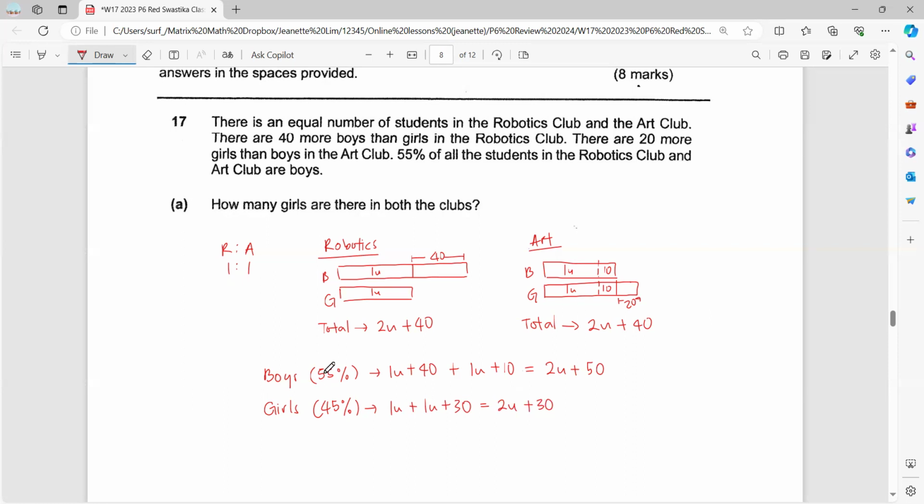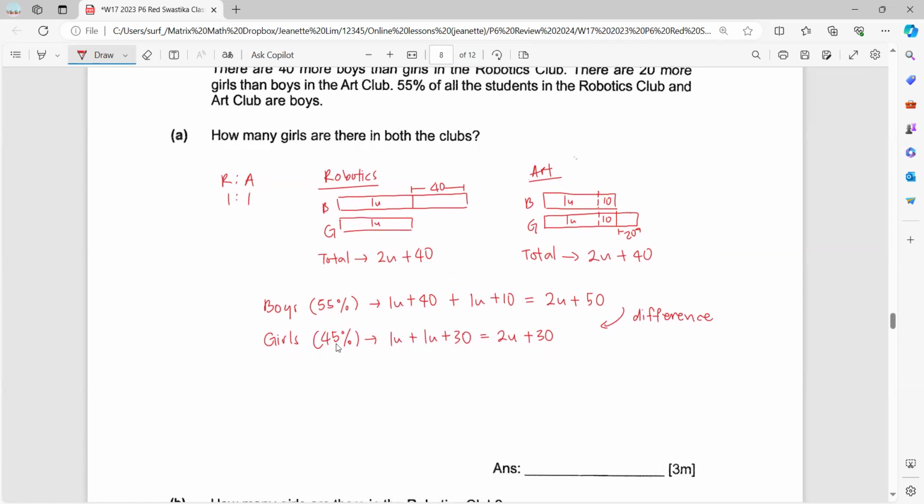Now we compare. What can we find? If we compare the percentage, it's a difference of 10%, right? If we compare this part here, the units are the same, but 2U plus 50 versus 2U plus 30, the difference is 20. We want to find the difference. So what can I say? I can say that 10% is actually 20 because 50 minus 30 is 20.